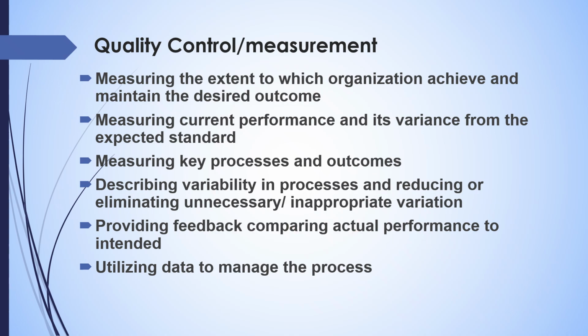So what is the current performance, what is the current practice, and what is the right thing to do, what is the intended standard, so what is the variation, and utilizing the data to manage the process.